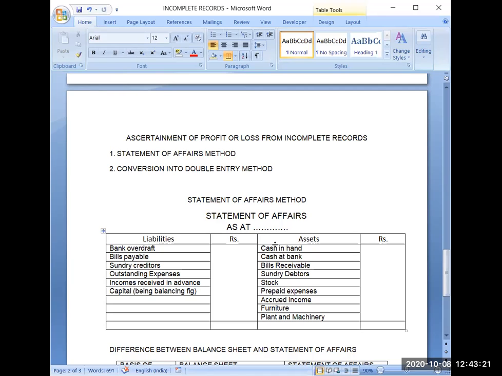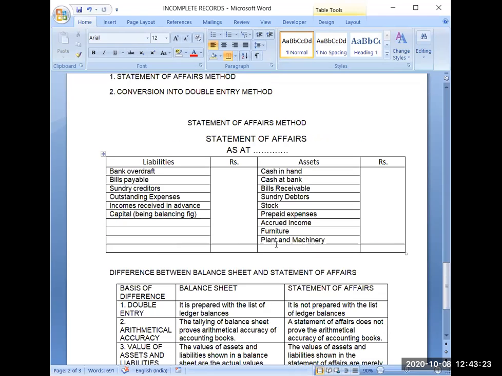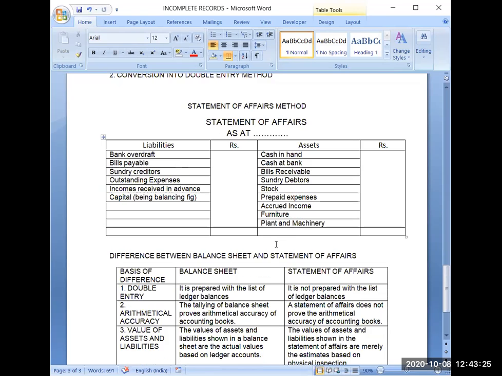So you can see I prepared a format of a statement of affairs here and it is almost equal to the format which you have prepared in balance sheet. All the accounts are similar almost, no difference is there in fact, but the name has been changed.